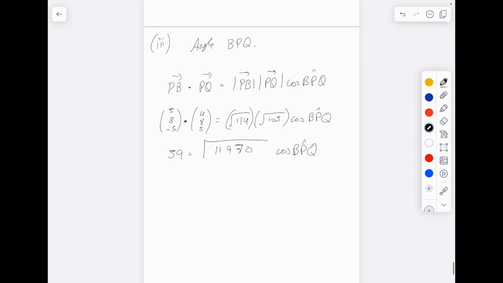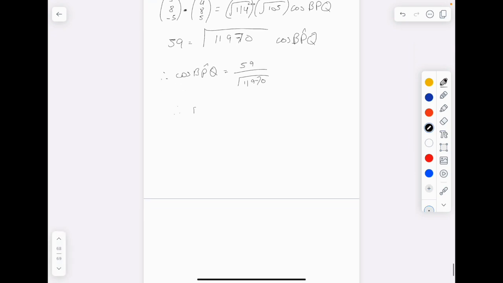Okay, so therefore I can say, in fact there's actually no point doing that, so therefore what I can say is cosine BPQ is going to equal 59 over root 11,970, which gives me a value, being able to say that therefore BPQ is equal to 57.4 degrees.